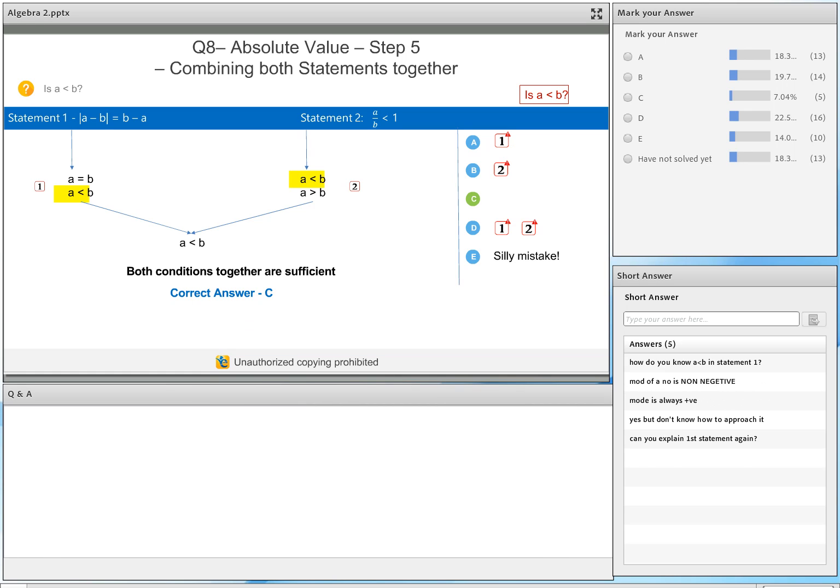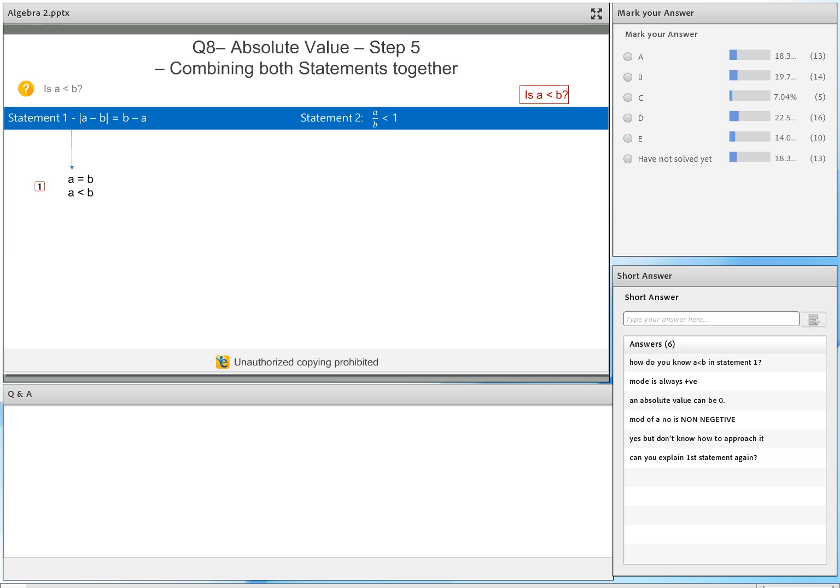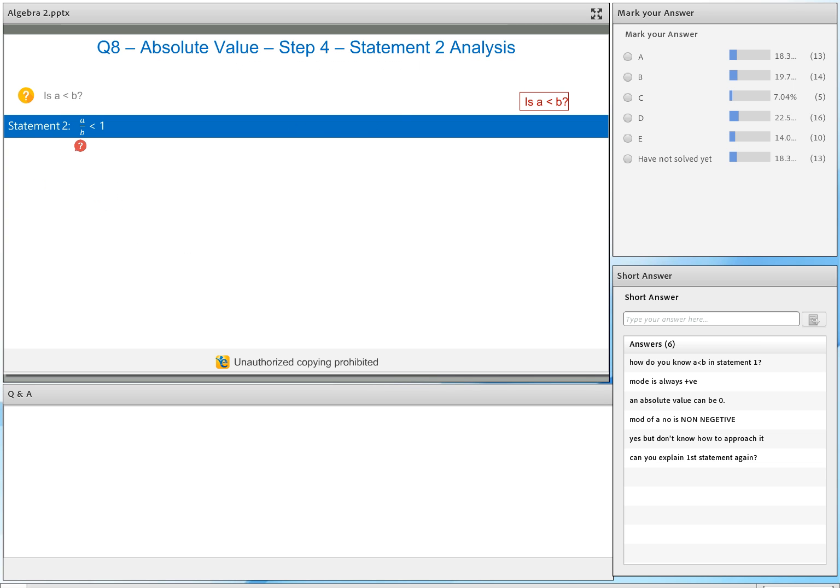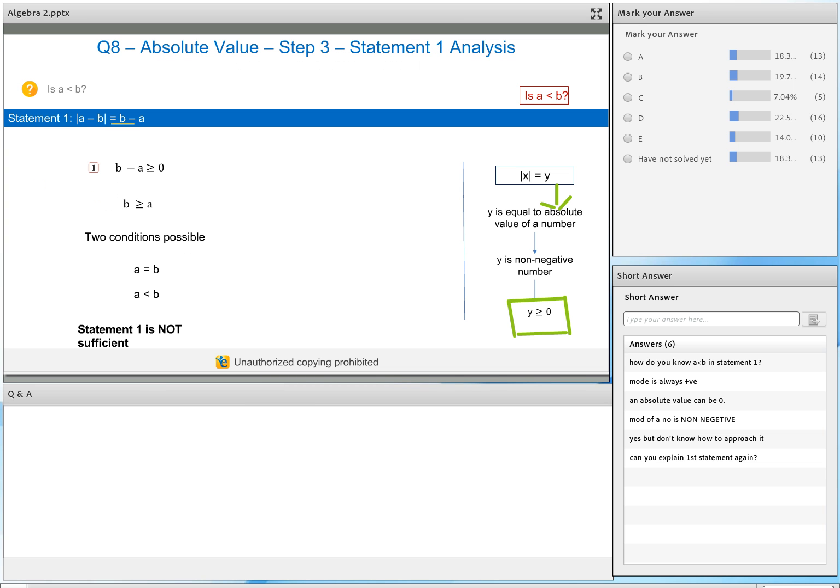How do you know A is less than B in statement 1? I'm simply applying the concept of modulus. All I'm saying is B minus A is equal to the modulus of a number.